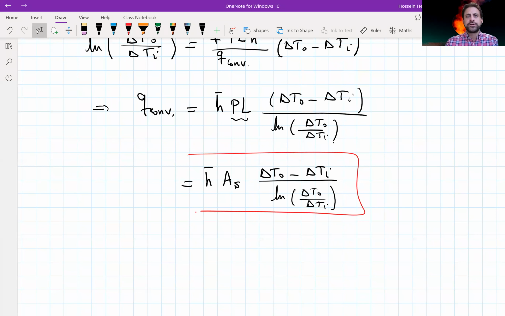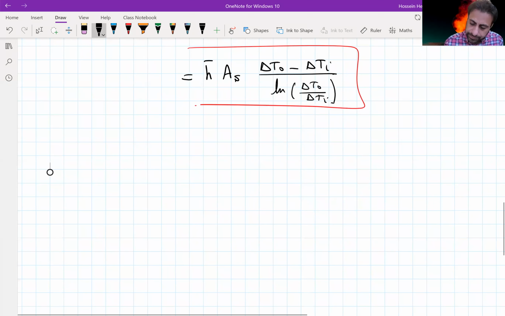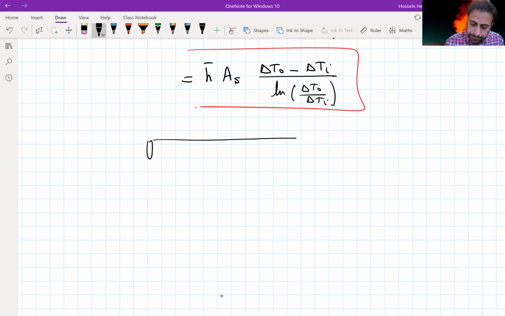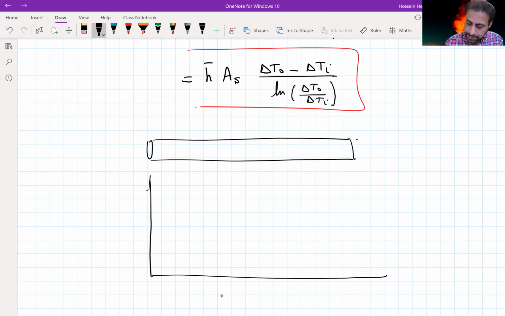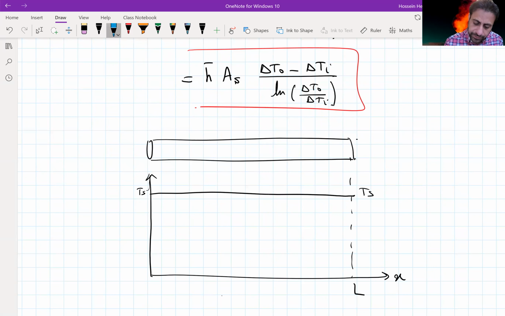And what I'm going to do is call this one. So if you consider this pipe, what happens here is, this is Ts, this is L, and we said the mean temperature of the fluid is going to change like that from Tmi to Tmo.